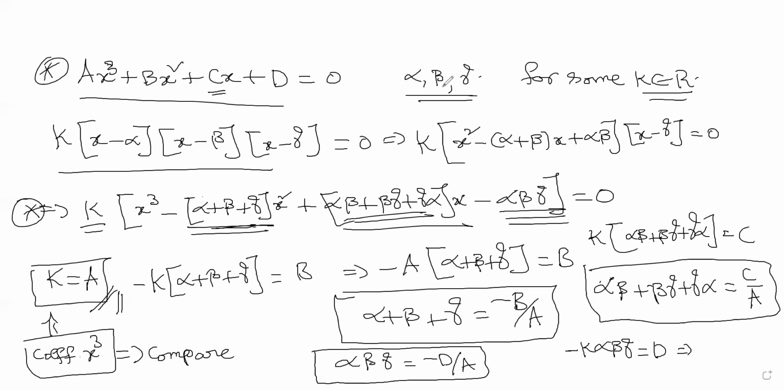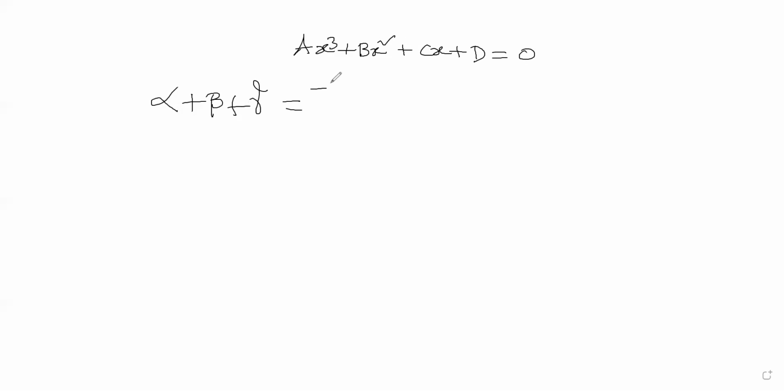So this is how we can derive it. One more time at the end, make a note of this. For the equation x cube plus bx square plus cx plus d is equal to 0, taking the coefficients, alpha plus beta plus gamma could be minus b by a.